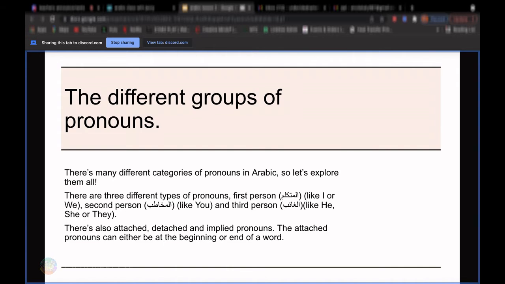And third person is where it gets really complicated, because there's singular he, singular she, and then there's dual he, dual she, and then there's they, which is three or more, but then there's feminine they and masculine they, right?